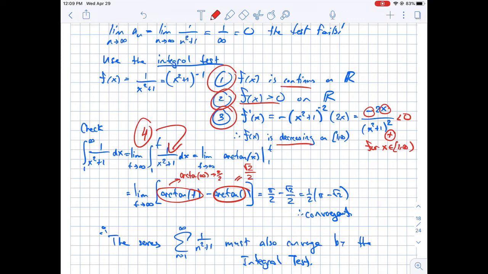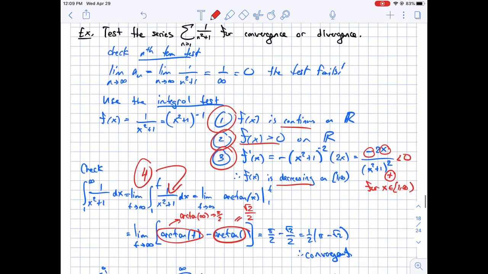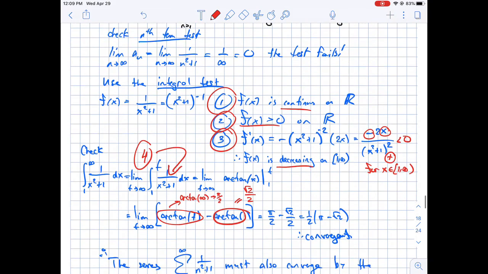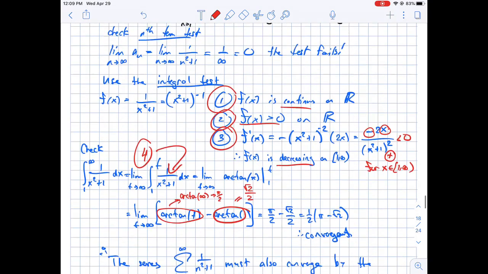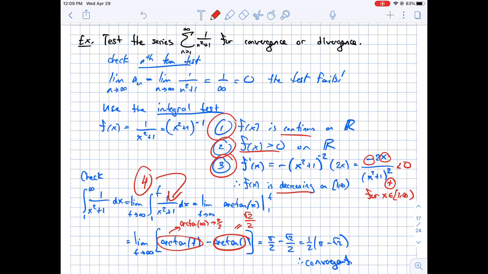If you don't know how to do the antiderivative, then there's no reason to even think about doing the integral test. Okay, so remember that you can't always use the integral test, and even when you can, it's going to take a little bit of time. Okay, there's quite a lot of work in here. And actually, there's a lot of work in here compared to the other tests. So often you'll sort of use it when the other tests are not working. Okay, so that's it for the integral test.